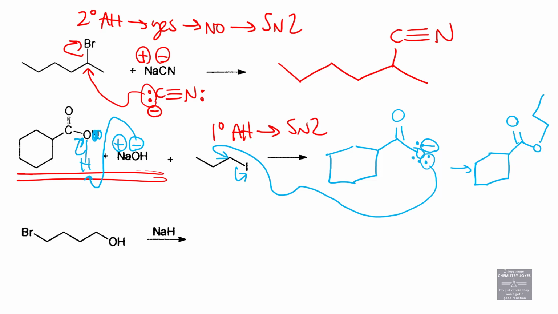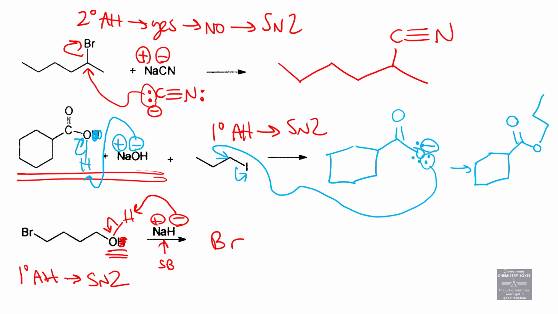All right, in the next one, I have a primary alkyl halide that says SN2, almost exclusively. This is a strong base, but I have an acidic hydrogen. So that sodium hydride is not there to be my nucleophile. That sodium hydride is there to pluck a hydrogen off of my alcohol to give me an O-.